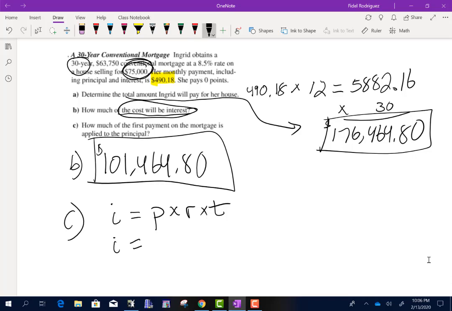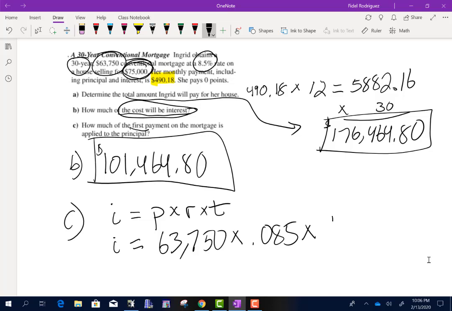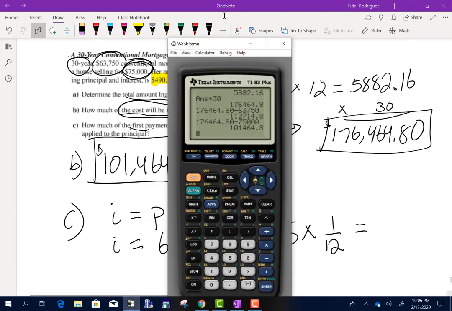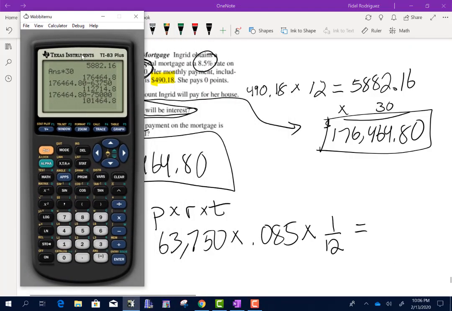So the interest, the principal, the amount of money that they're actually financing is at $63,750, okay? Let's see, our interest rate is 8.5%, so as a decimal, that's 0.085. Now it says the first payment. So the first payment is the one out of the 12, right?